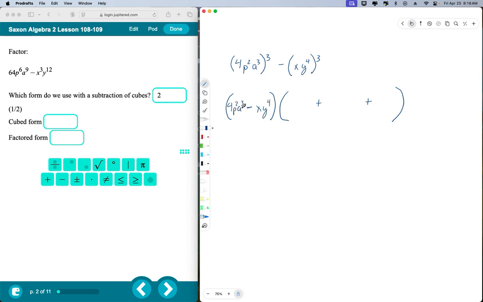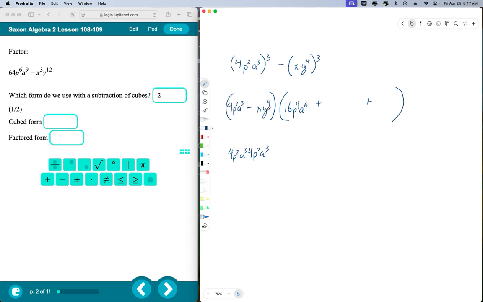Then we're going to square this here. So I like to just write it out to the side twice. And then I can multiply 4 and 4, that's 16. PP, that's going to be P^4. And AA is A^6.